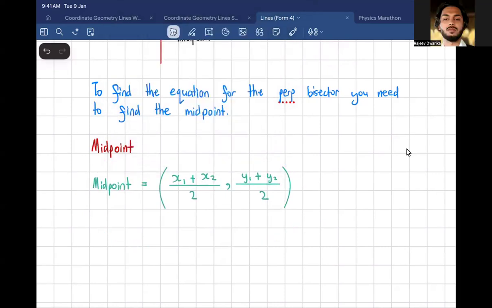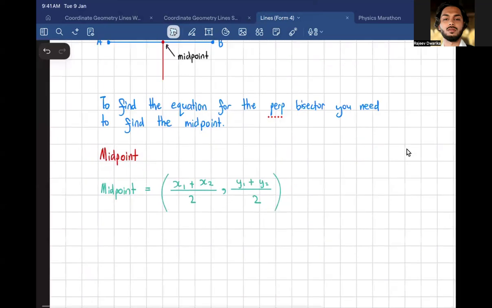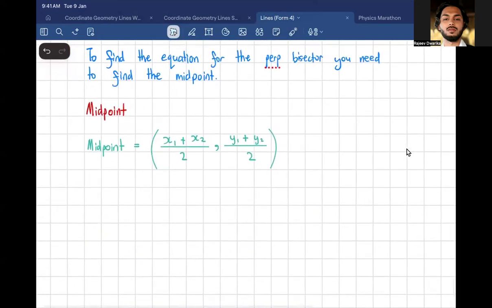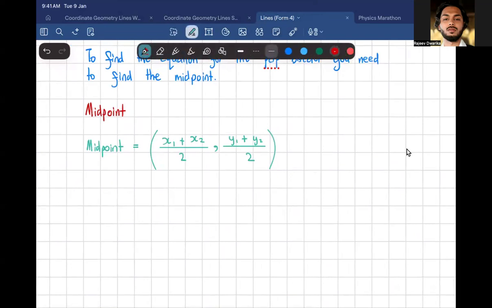Okay, so please copy down the midpoint formula, right? So I'll give you an example. Let's look at an example.